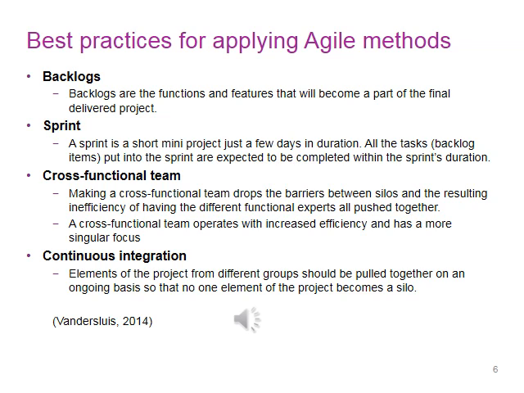Next, cross-functional teams are teams which drop the barriers and silos and the resulting inefficiencies of having different functional experts all pushed together. A cross-functional team also operates with increased efficiency and has a more singular focus. Last, continuous integration states that team members from different groups should be pulled together on an ongoing basis so that no one element of a project becomes a silo.